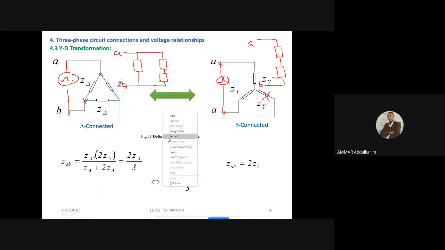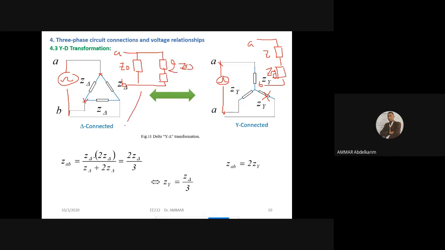So here, by those calculations, ZAB equals ZY plus ZY, which is 2ZY. While here we have Z delta in parallel with 2Z delta.